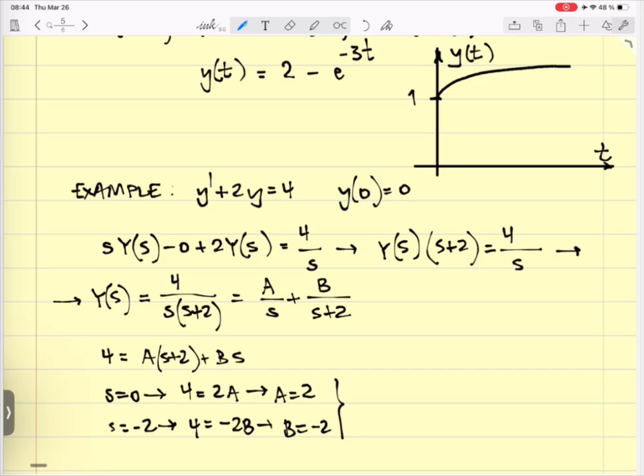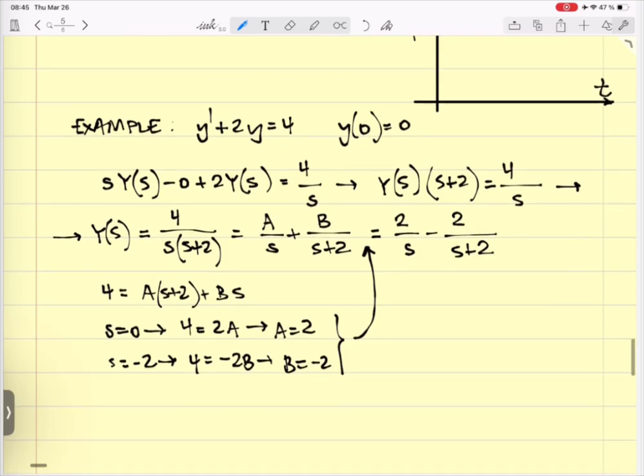These results plugged in here, we get 2 divided by s minus 2 divided by s plus 2. Applying inverse Laplace transform, we get 2 minus 2 exponential of minus 2t.